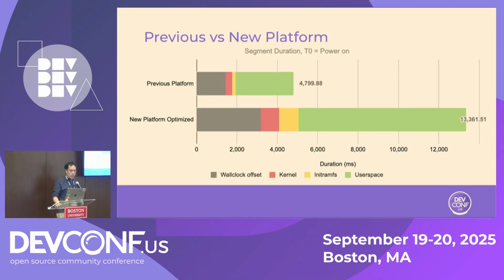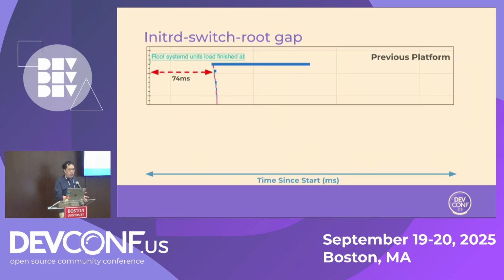And this brought up an interesting problem. With a much slower platform, you end up seeing things that you miss on a faster platform. This is a chart that's kind of hard to visualize, but if you imagine the left part is when all of the systemd root units are loaded to the root file system, and on the right is where the switch root is completed.